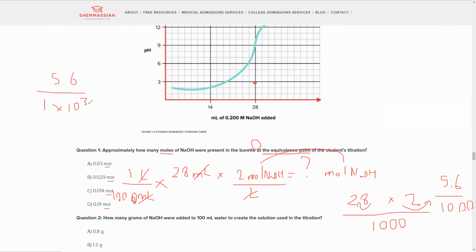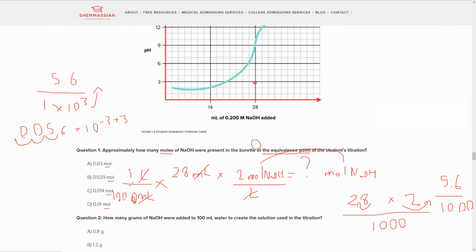I can flip this up, 5.6 times 10 to the negative 3. Then I can push this to get rid of this, that'll be plus 3. To do plus 3, I need to move it to the left. So 1, 2, 3. So I'm looking at 0.0056.